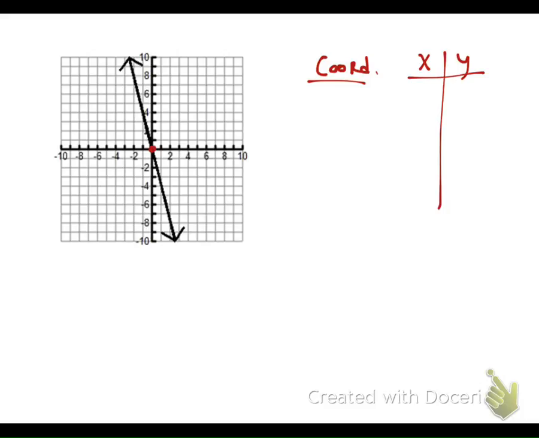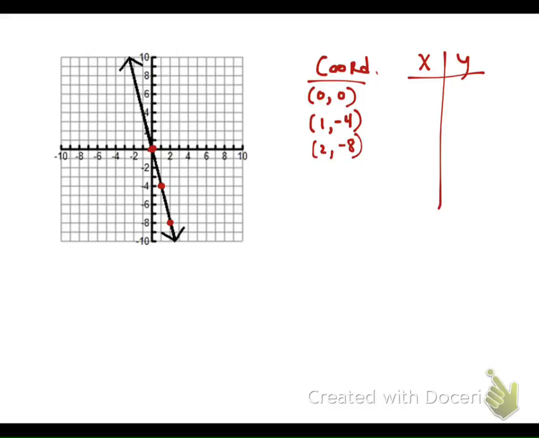Well, immediately I see one right here that's 0, 0. So I'm going to put that on here, 0, 0. I also look down and I want to look exactly where it hits. It looks like I have one right here at positive 1, negative 4. If I keep going down, I have another one that pops up right about there at 2, negative 8.